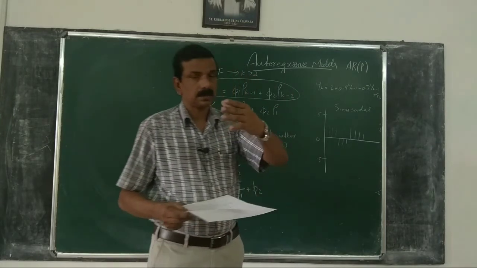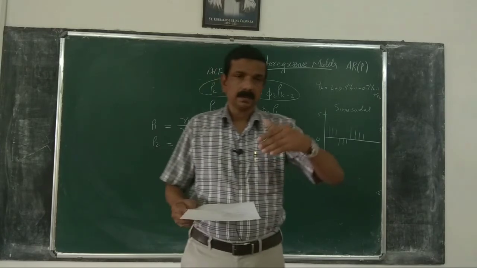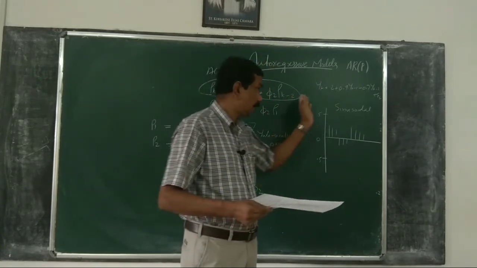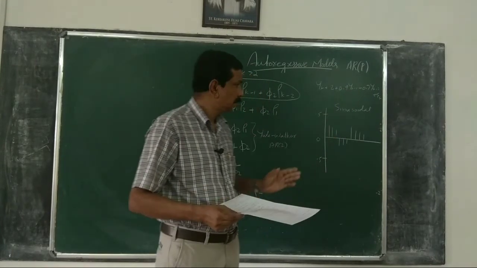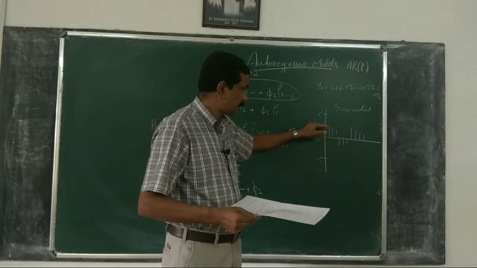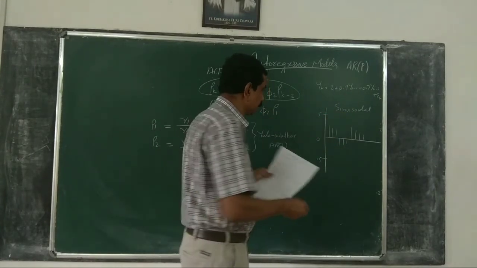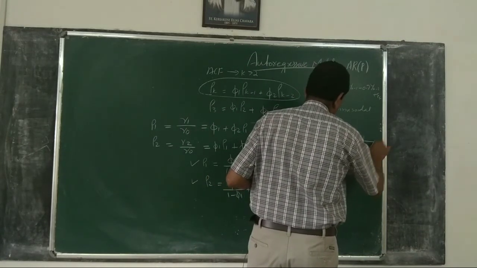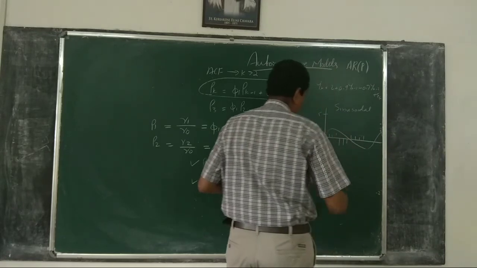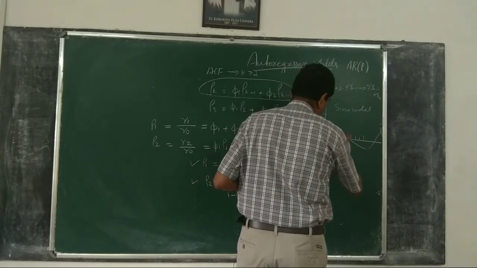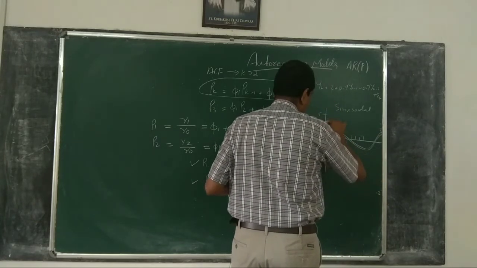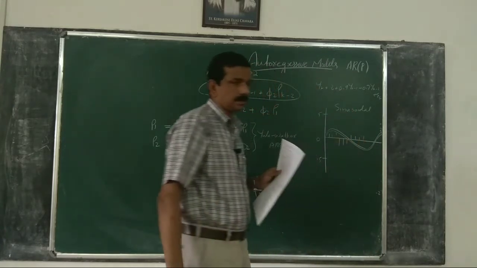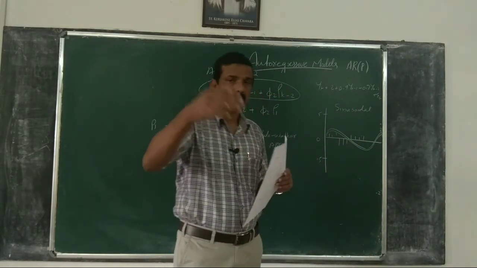So we will not follow AR3, 4, etc. Our generalization is for AR2 and above. The pattern of autocorrelation function may be sinusoidal, which means the pattern is something like this. Then oscillating pattern, again oscillating, or geometrically damped. All these patterns are possible for AR2 and above.